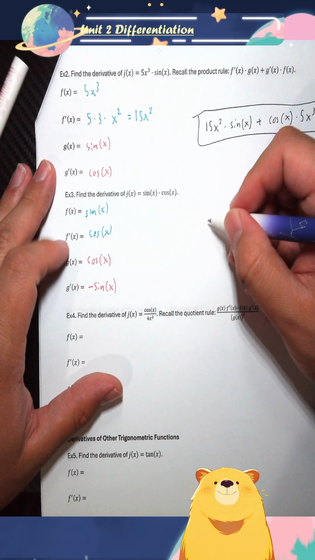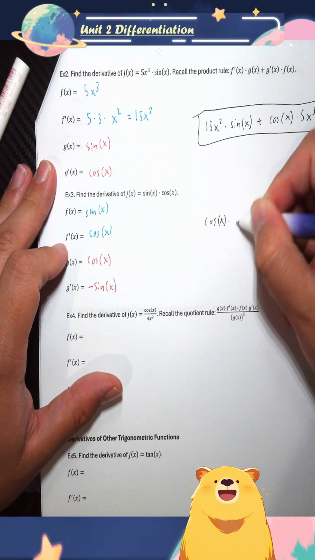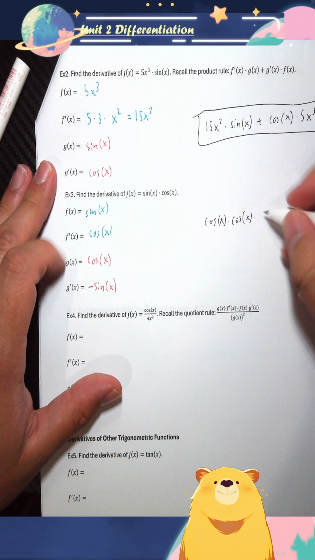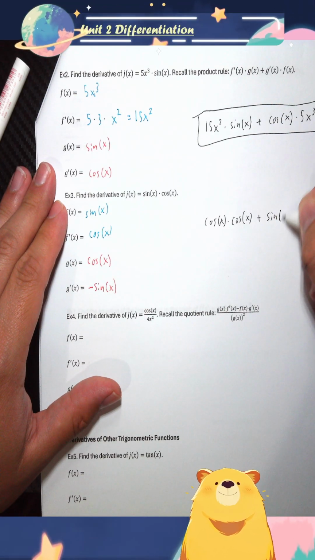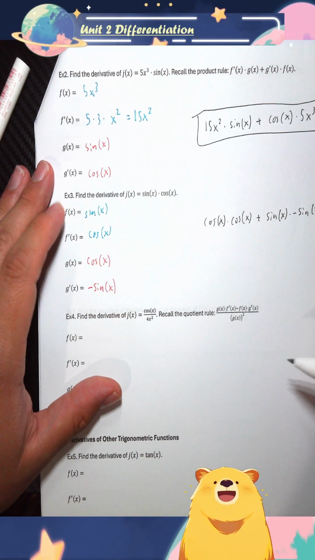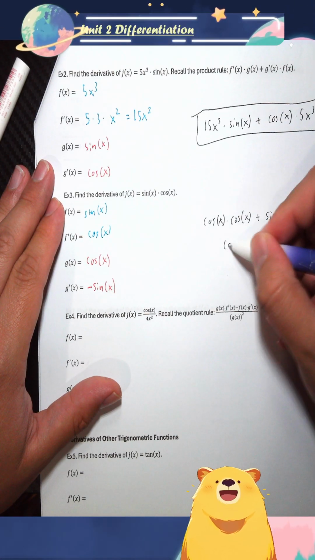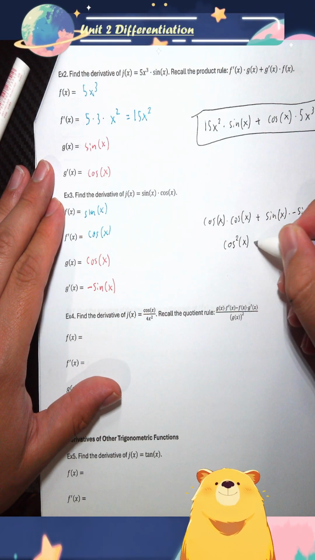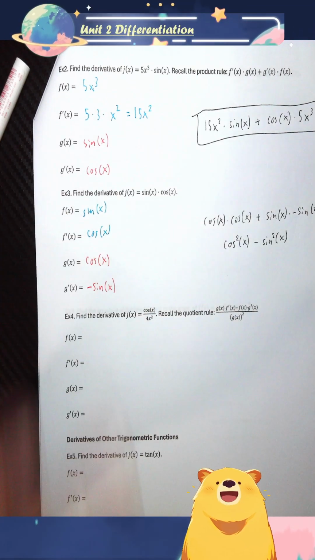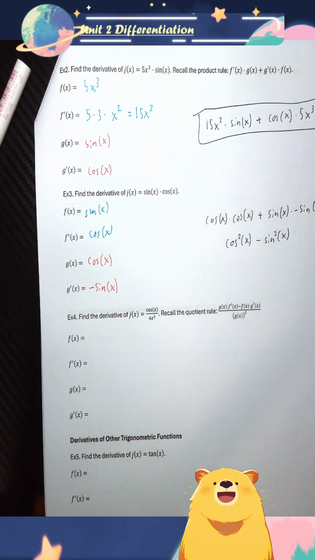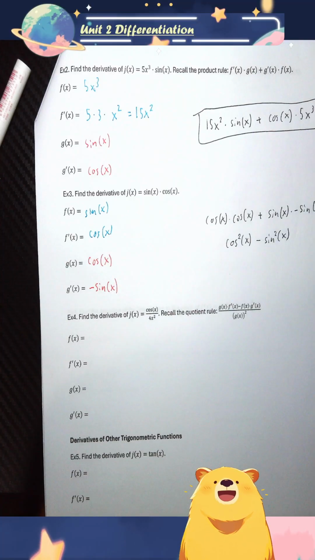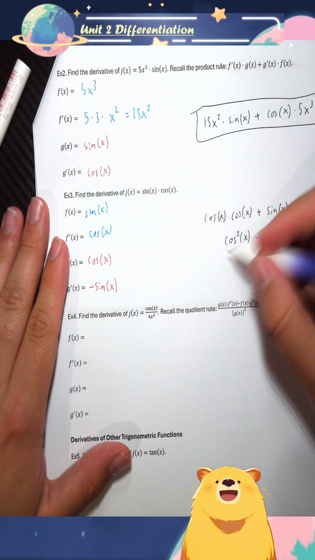And we have cosine of x times cosine of x plus sine of x times negative sine of x. From here we have cosine squared of x minus sine squared of x. We could simplify this further if you like, but that's not the point. Right now it's like what we were doing last time where we just want to see the patterns hit.